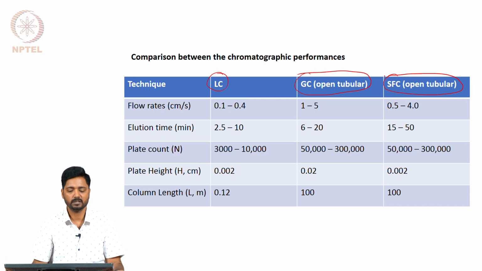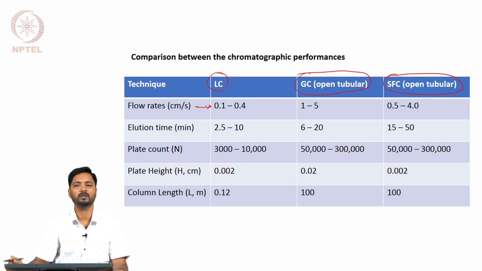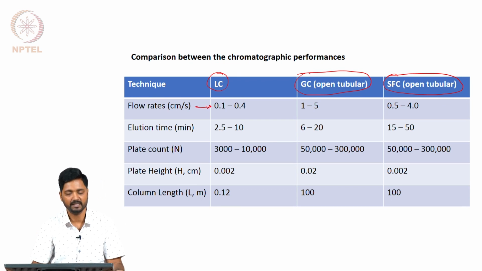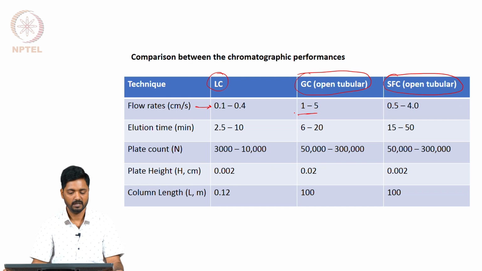So, if I compare the flow rates, of course, they are the lowest for liquid chromatography systems, and they are in the range of 0.1 to 0.4 centimeters per second. In gas chromatography the flow rates are definitely much higher, and in supercritical fluid chromatography these numbers are more intermediate, but definitely much higher than that for the liquid chromatography.